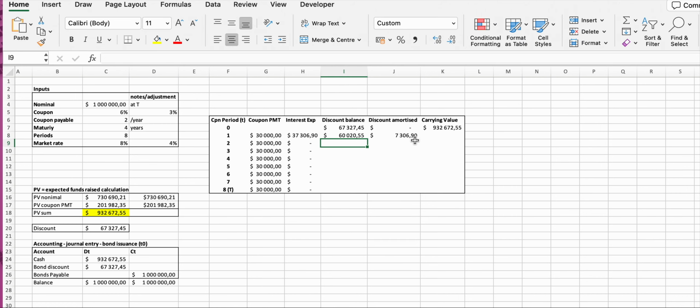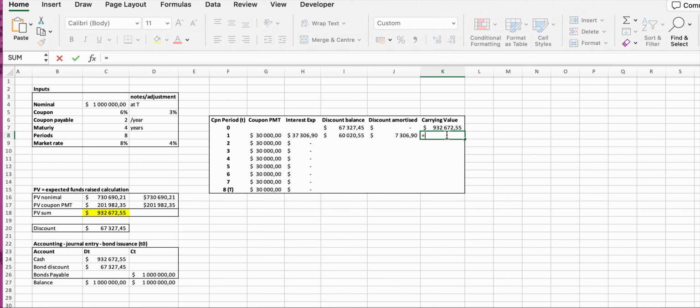And the second part of the story is that the difference between the interest expense and the coupon will be slowly removed from the discount balance, and transferred into the carrying value of the bond.